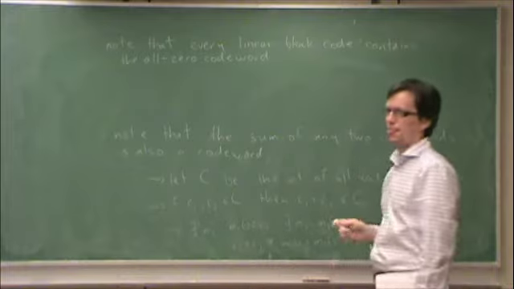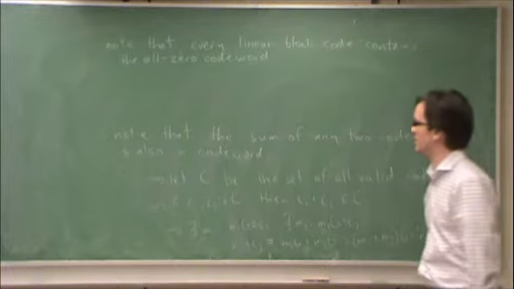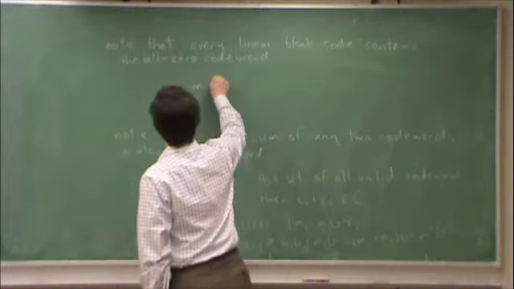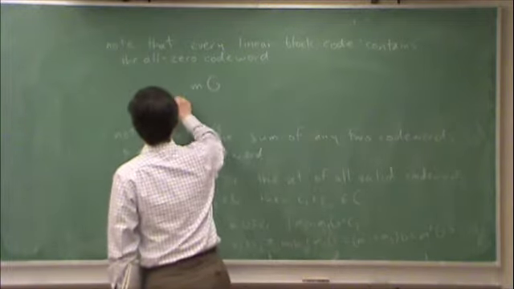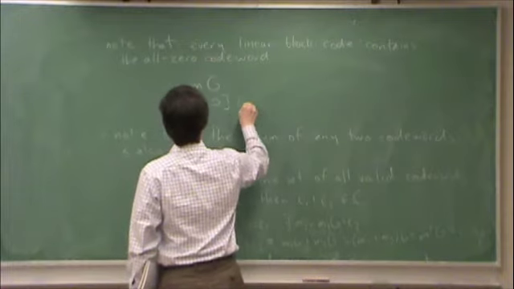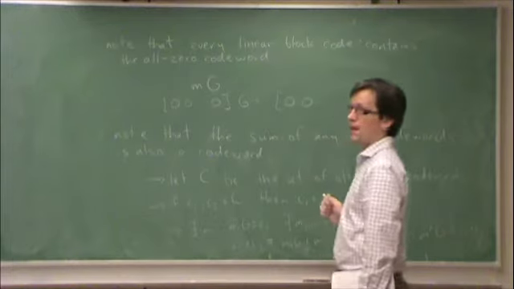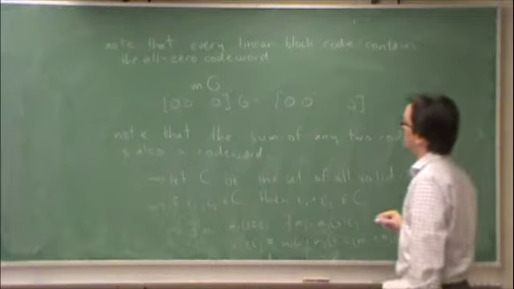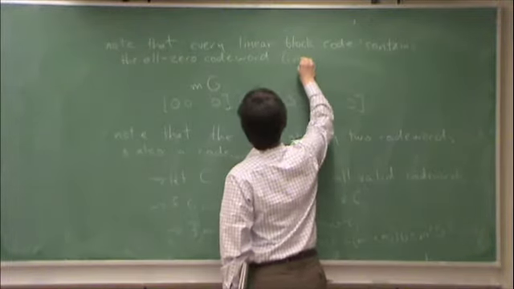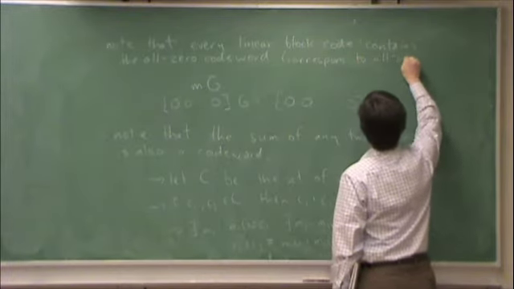How do we prove that? So if the message is all zeros, MG exactly, if M is all zeros, the all zero message must give the all zero output. So that corresponds to the all zero message.